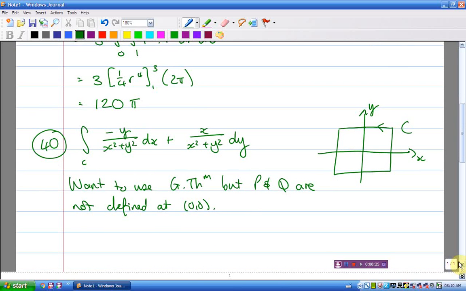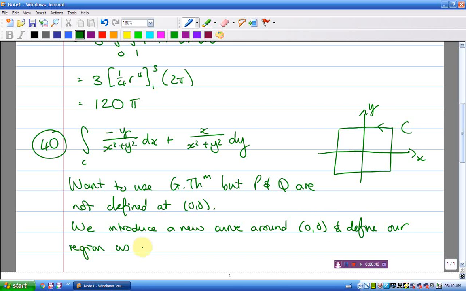It can be any shape, but circular is good, and I'll come back to that later. We introduce a new curve around the origin and define our region as the area or region between the two curves.